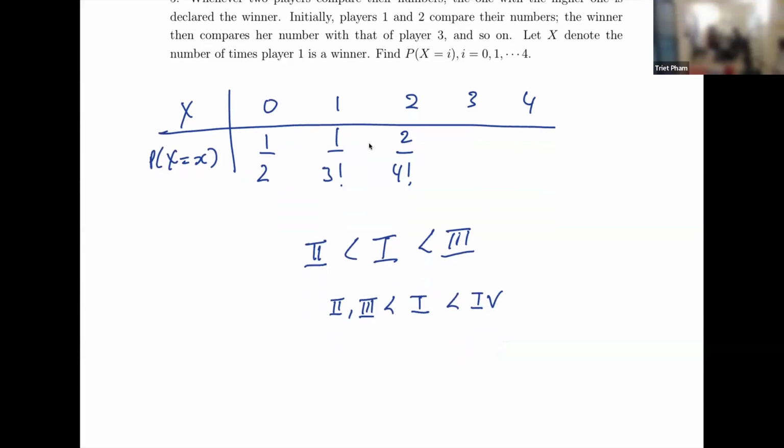Well, it must be the case that player 1 wins over players 2, 3, and 4, but loses to player 5. What's the probability that this will happen?